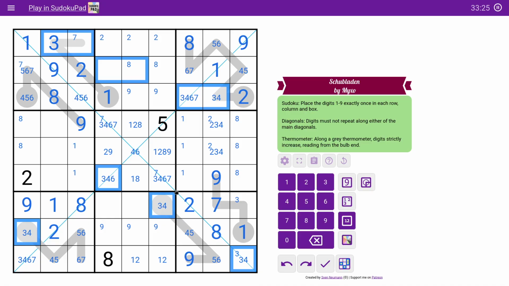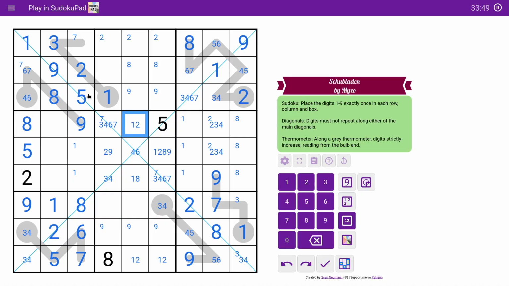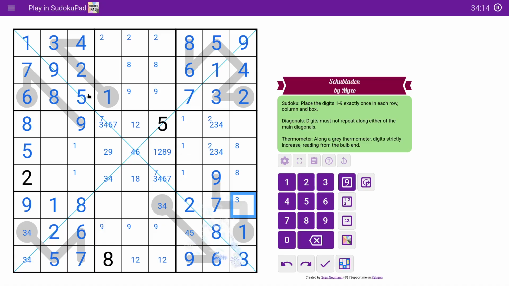It's 3, 4. Wait, and this is 5. 4, 6, 7. I guess this will be it.